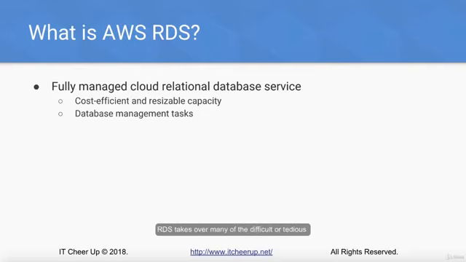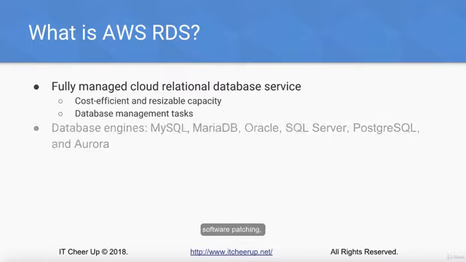RDS takes over many of the difficult or tedious management tasks of relational databases, such as backups, software patching, automatic failure detection, and recovery. AWS RDS supports the popular database engines MySQL, MariaDB, Oracle, MS SQL Server, and PostgreSQL.